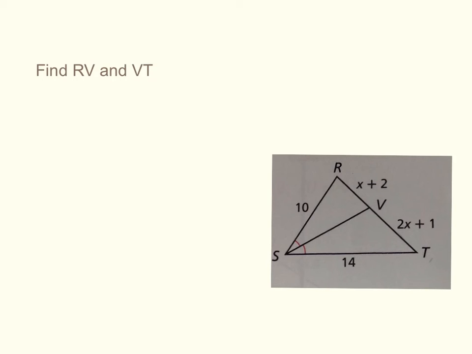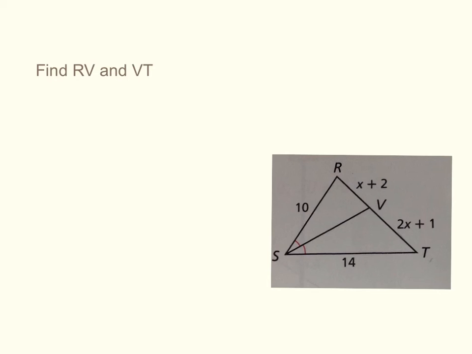Okay, so we're going to put this to the test, our triangle angle bisector theorem. So here's a triangle. We have triangle RST, and we're looking at SV bisects angle S, or angle RST. We can see that because it has the two congruency marks. So then we can say that RV and VT are proportional to RS and TS.